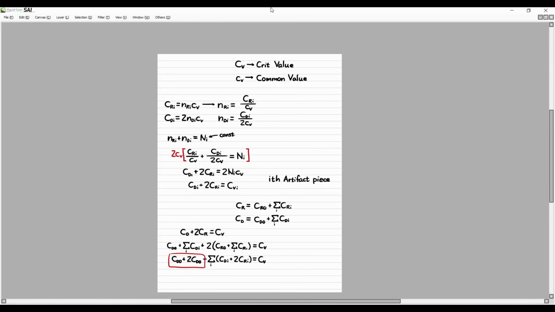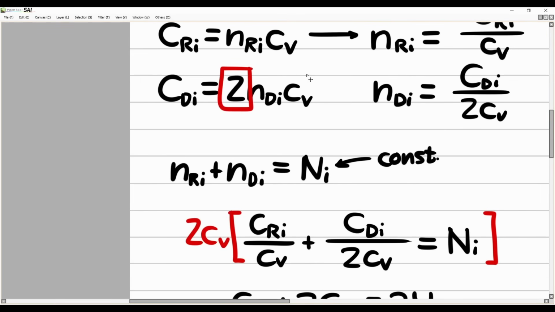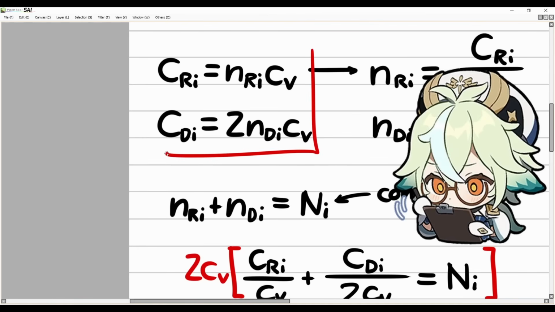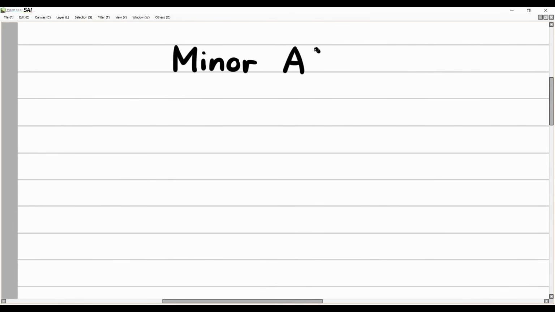So for the next part of this video, I want to elaborate on where exactly this 2 comes from, or in fact, where these equations come from. As you might know, in an artifact, the minor affix values can essentially have 4 different possible values.